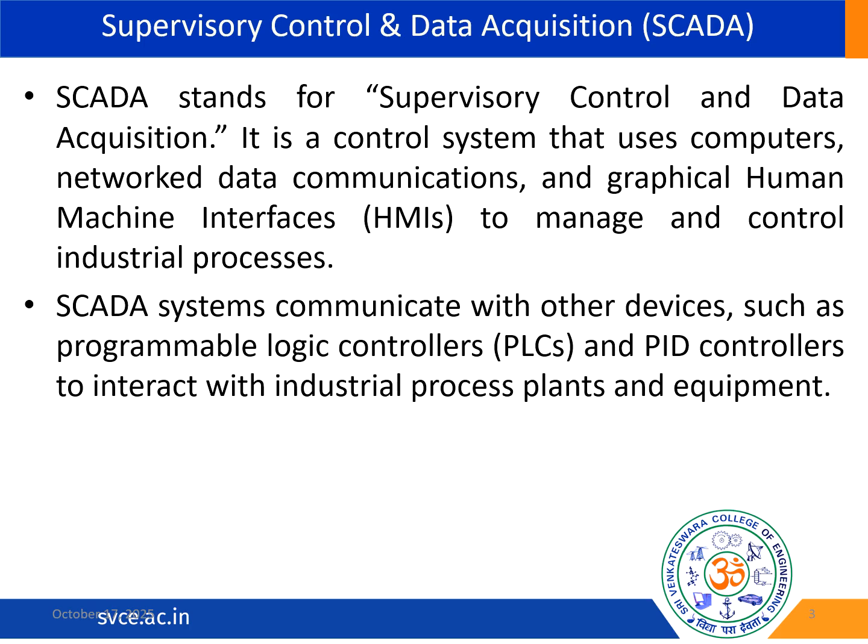It is a control system that uses computers, network data communications and graphical human machine interfaces, which we call HMI, to manage and control industrial processes. This is considered a sophisticated control architecture designed to oversee and manage industrial operations.